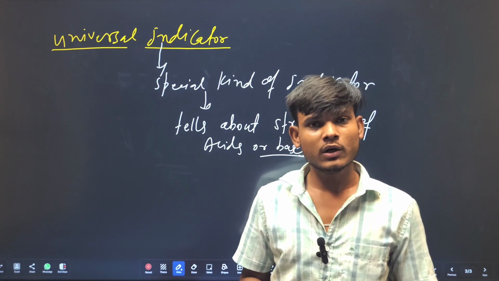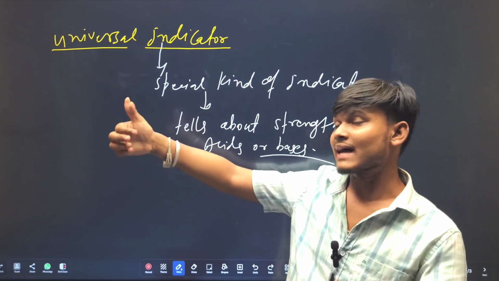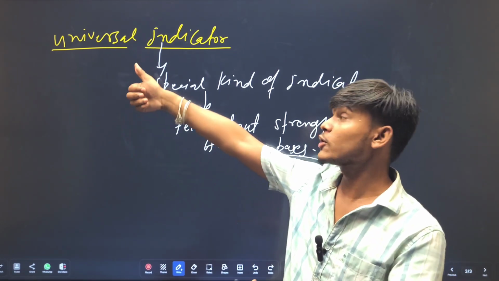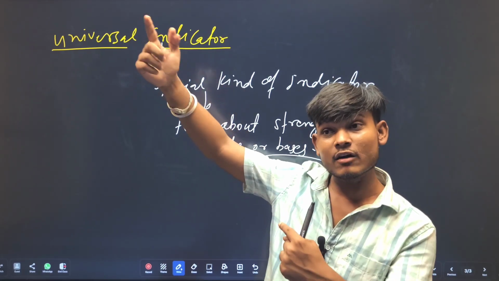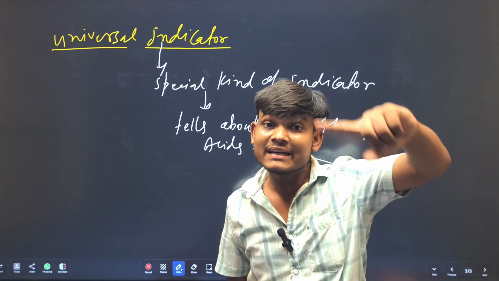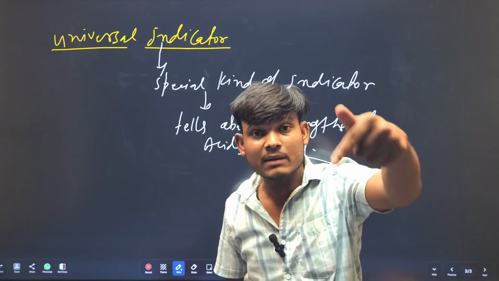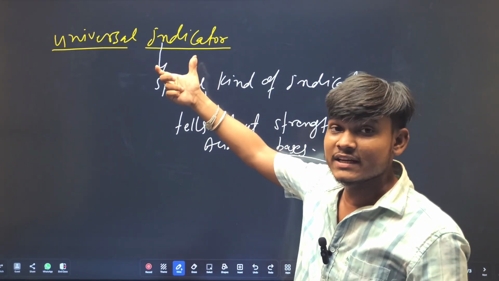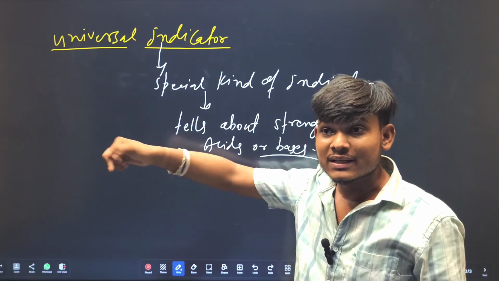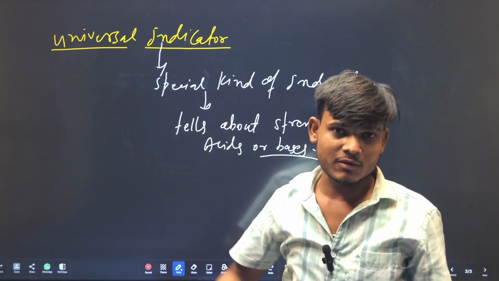Then what can I do? At that situation, I have a solution, and that solution is universal indicator. This universal indicator is a special kind of indicator like litmus. But litmus paper tells you only which is acid or which is base. But this indicator, universal indicator, tells you the relative strength of acids or bases.